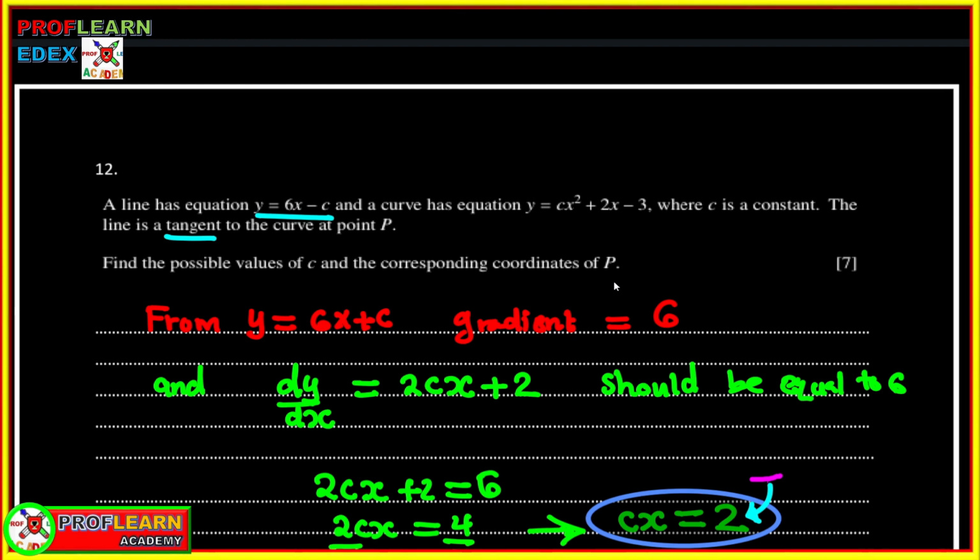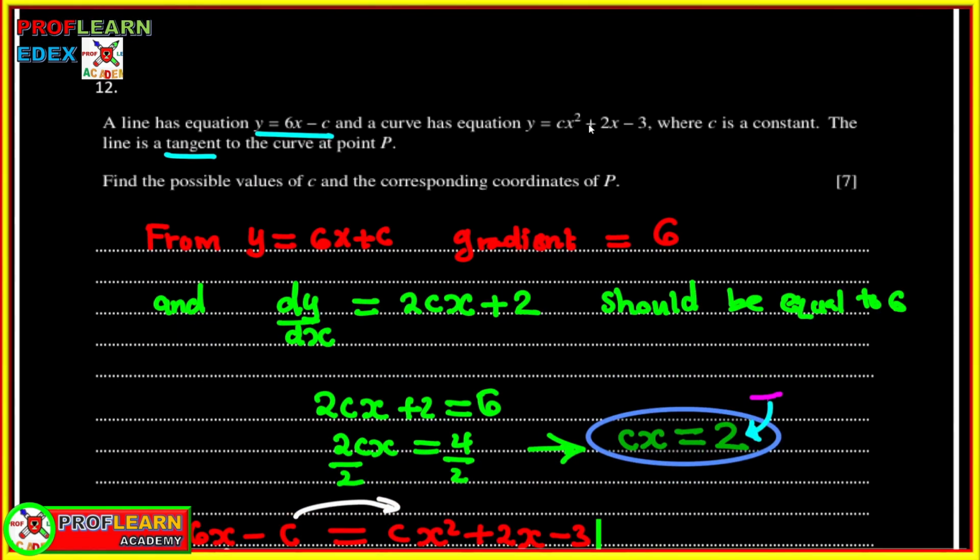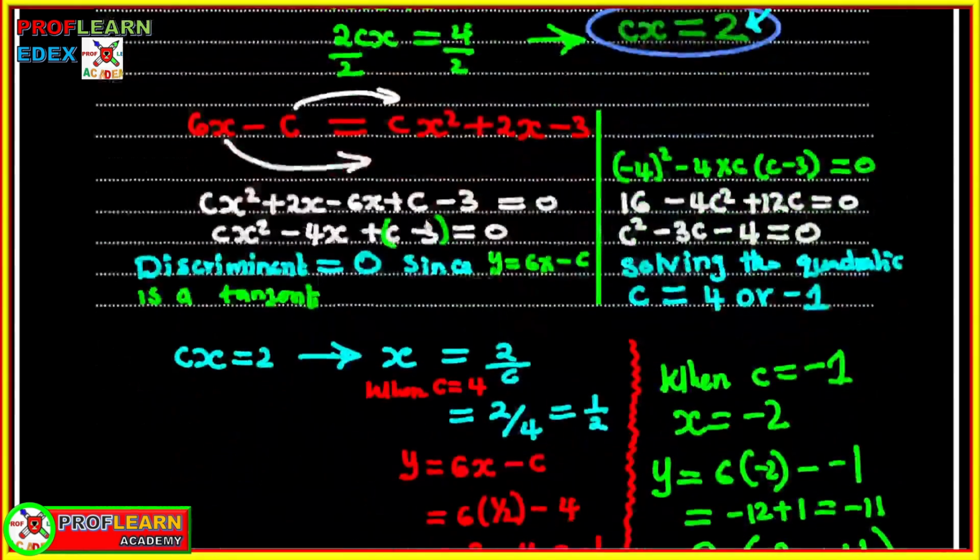When you have a tangent, it means the discriminant is equal to 0. So you are going to equate this and work out the discriminant, and the discriminant equated to 0, work out whatever equation that we are getting here. So you see, I find the discriminant of this, and the formula for the discriminant is b squared minus 4ac, and then I can form a quadratic equation in terms of c.